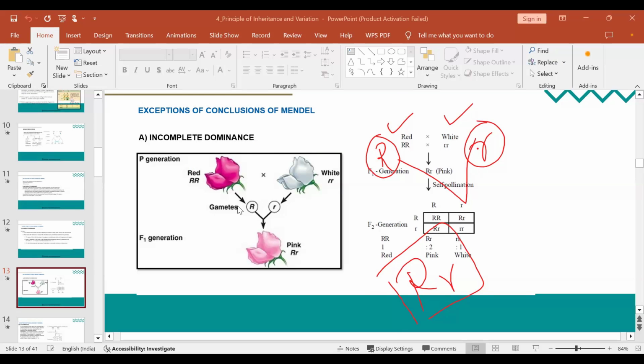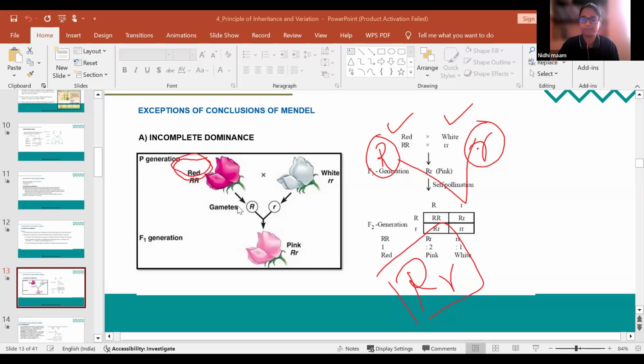Capital R, which indicates red color. So our expectation is that in the F1 generation all the plants will have red color.